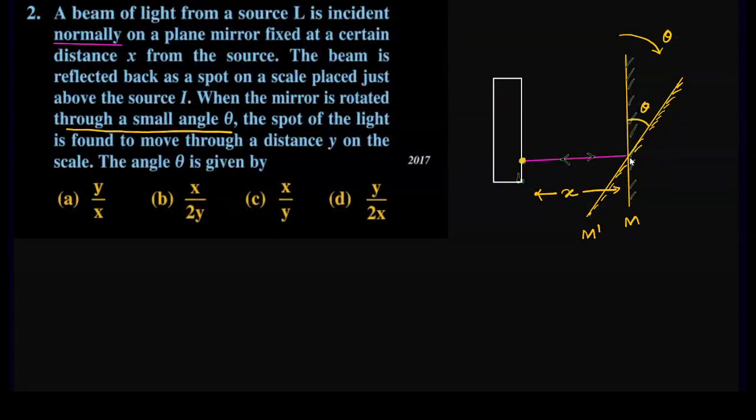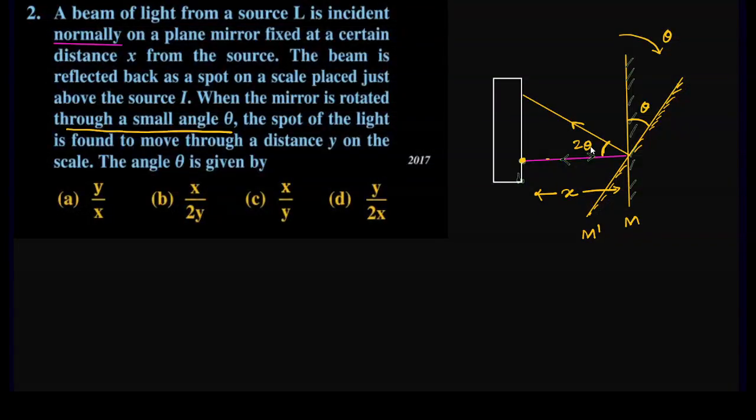The mirror is tilted, so the reflected ray rotates by 2 theta from the previous position. Whichever direction the mirror is rotated, the reflected ray will rotate in the same direction. We rotated the mirror clockwise by theta, so this is my previous reflected ray and this is my new reflected ray. This angle is 2 theta.